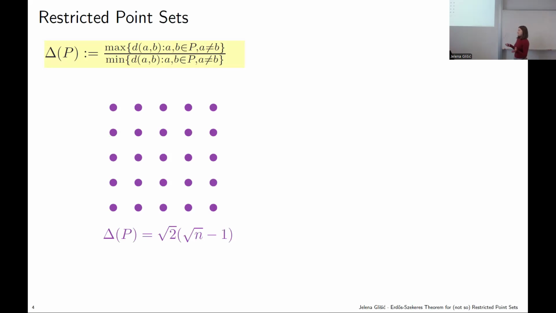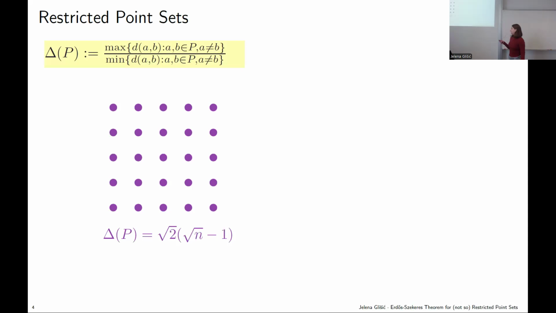Just to give an example, these point sets are not in general position, but they give you an intuition of what the diameter could be. So if I have a square root n by square root n grid, then the minimum distance is 1. Let's say I can always assume that the minimum distance in any point set is 1. I can always just scale up, right?